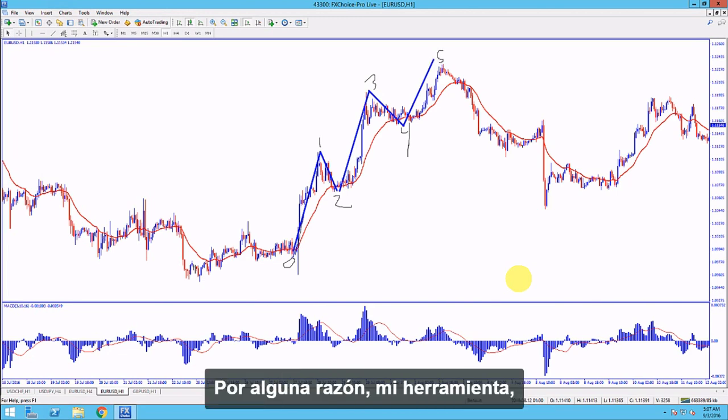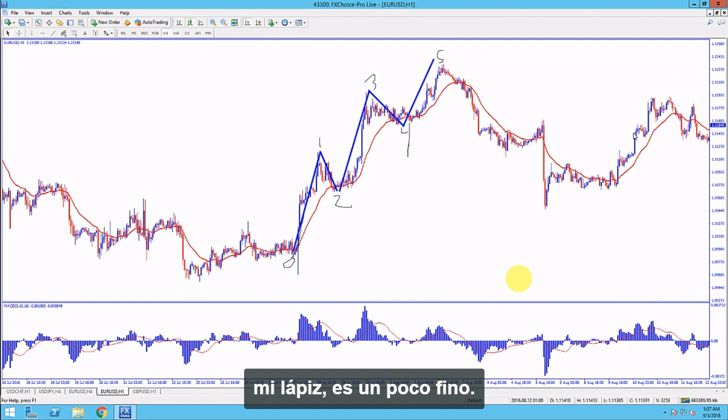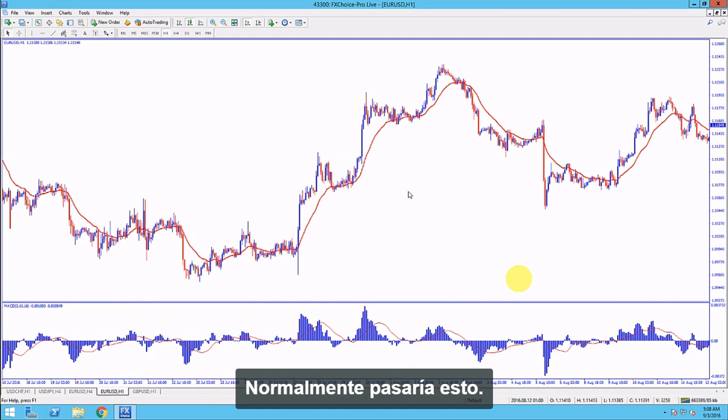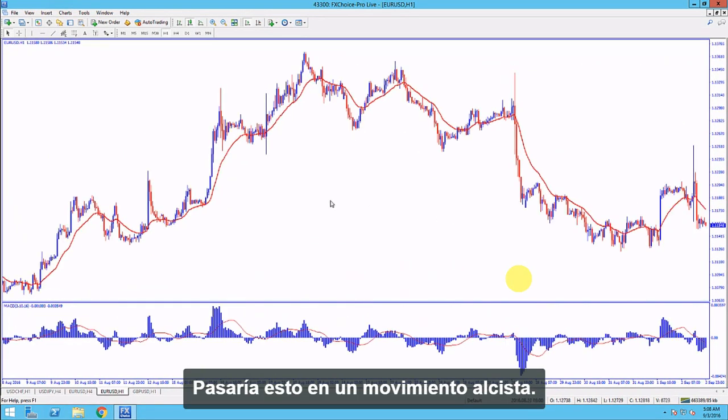And for some reason my tool, the width of the pen is a little thin. So as you can see here in this wave, you have shallow retracements on each of them. Typically you will get that. Okay, you will get that kind of move up.